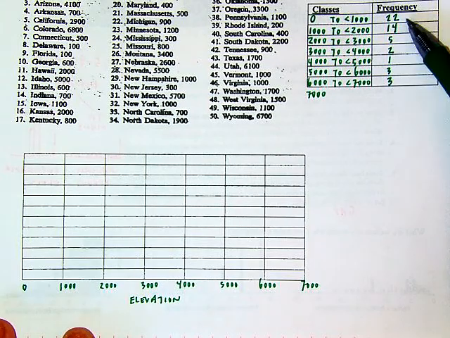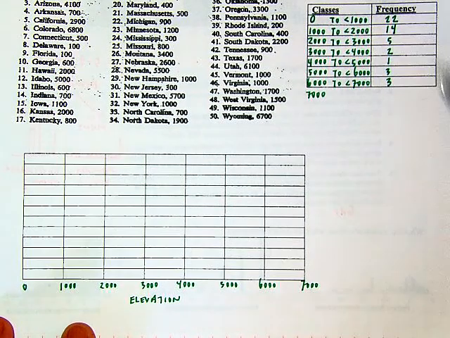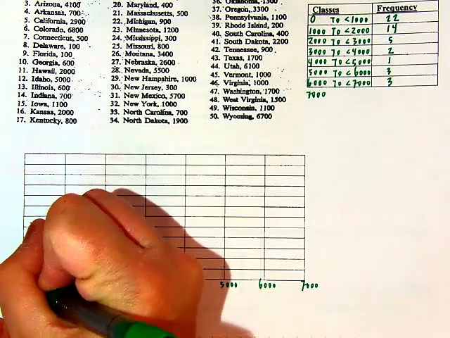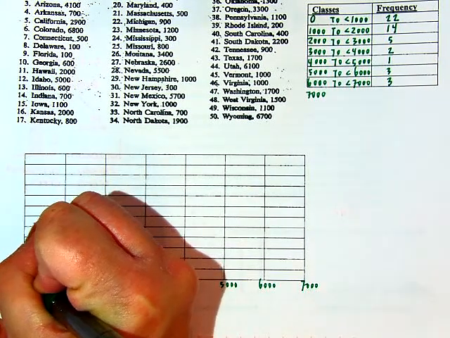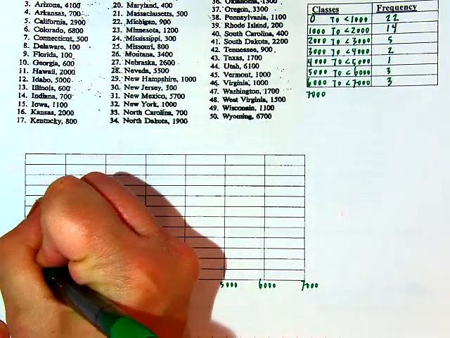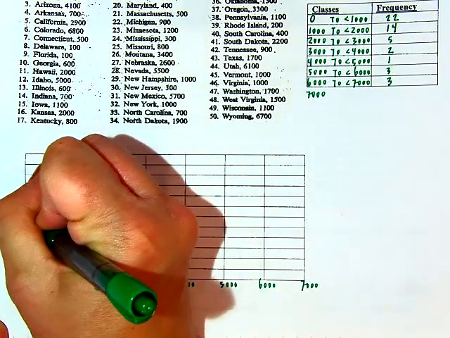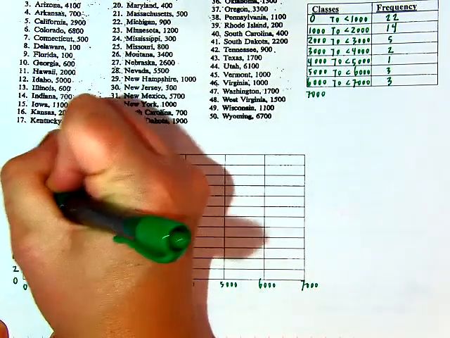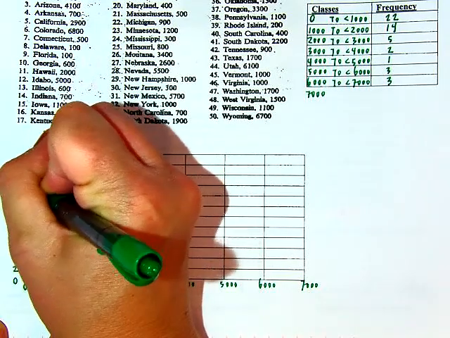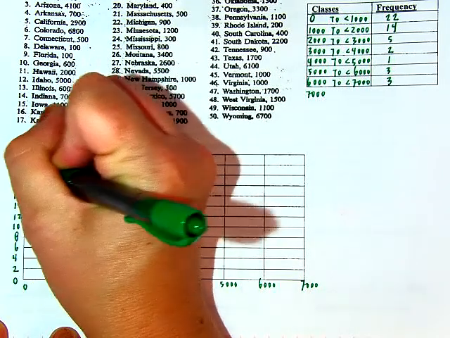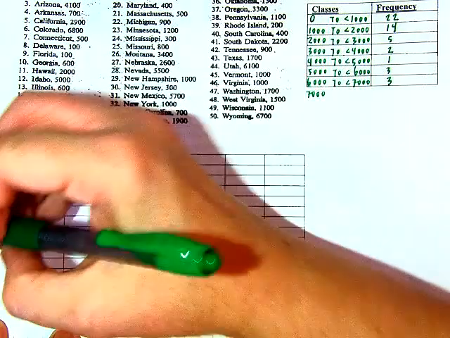My highest one is 22, so I'm going to go ahead and scale it by 2s. Again, I have to start at 0. Always start at 0. I like you to use the space that I'm providing, which is why I'm scaling it by 2, so I can go all the way to the top. And this is frequency.